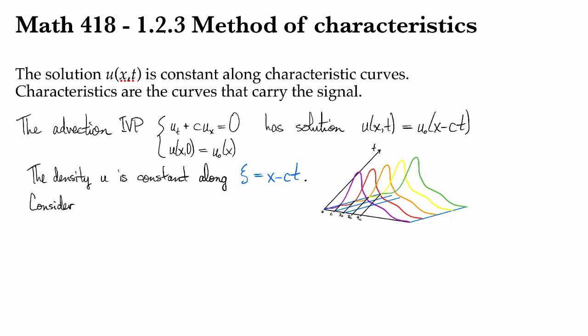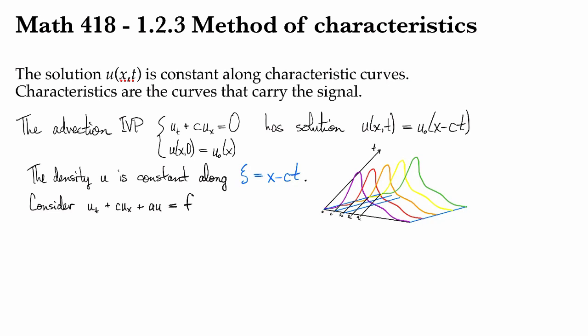Okay, so let's consider a general advection equation with growth or decay. So we've got u_t plus c u_x plus some growth term and some maybe sources or sinks.